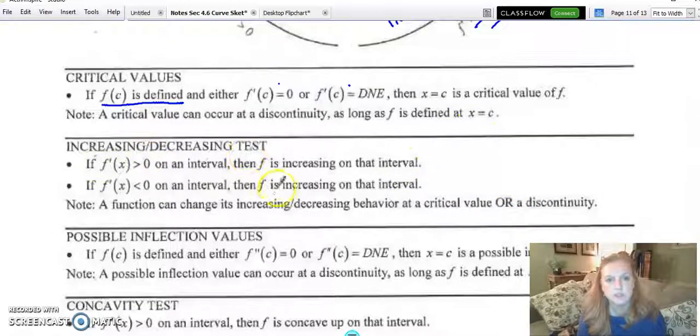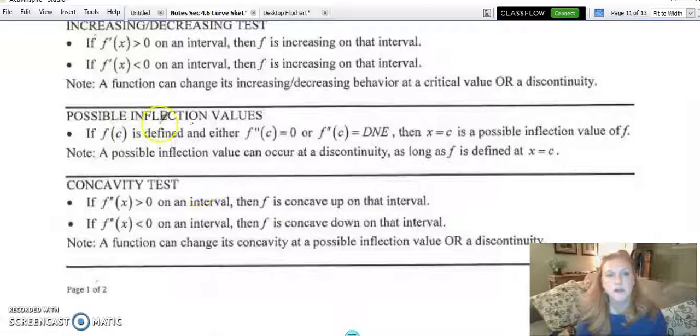Your increasing, decreasing test: if your derivative is positive or negative, your function increases or decreases. Your possible inflection values come from where your function must be defined, and your second derivative equals 0 or does not exist.